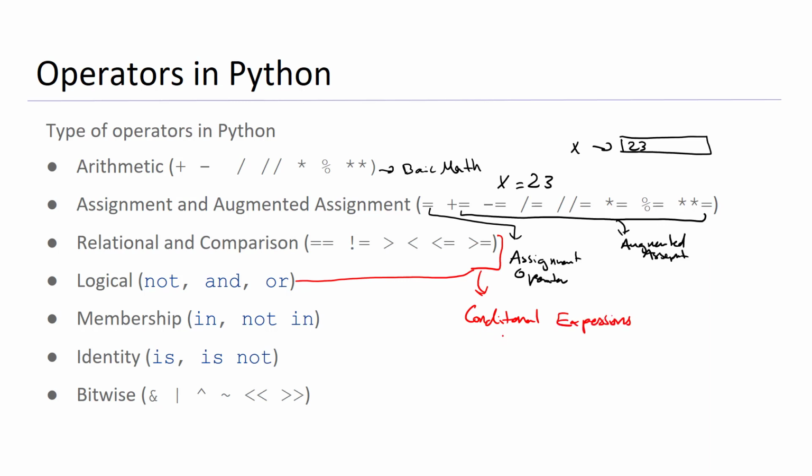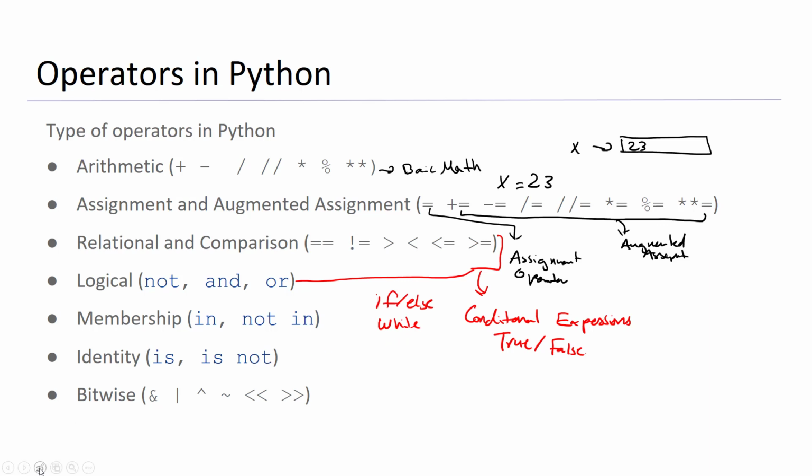A conditional expression is basically an expression that has the value true or false. We'll see these used quite a lot with selection structures and looping structures, or repetition structures. So they are used with things like if-else or loops such as the while or for loops.